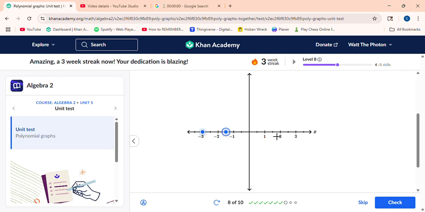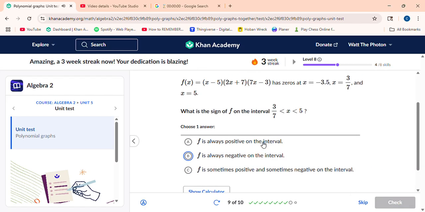What did we see? -3, -2, and then it's 1.5. Yay.